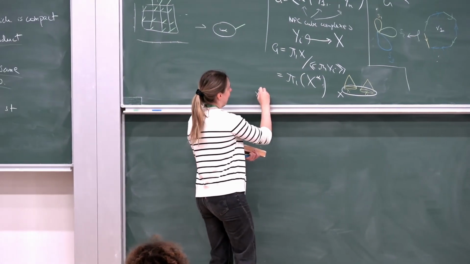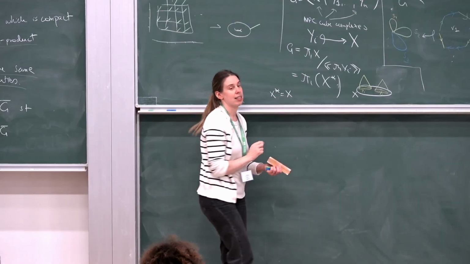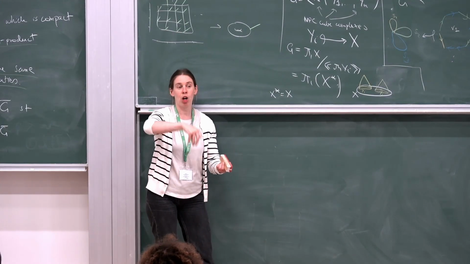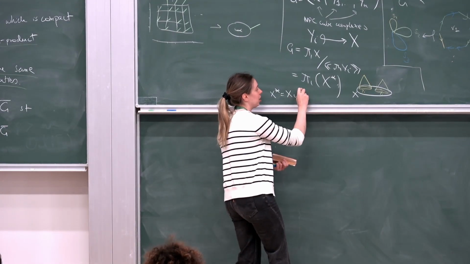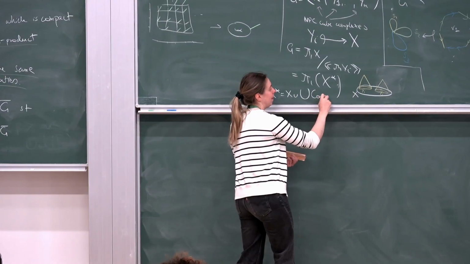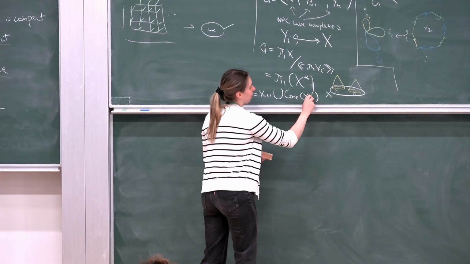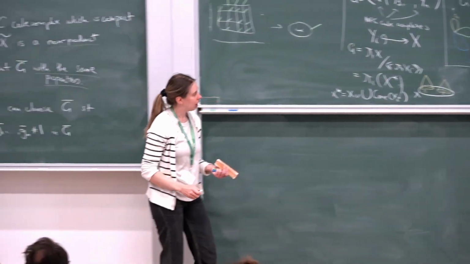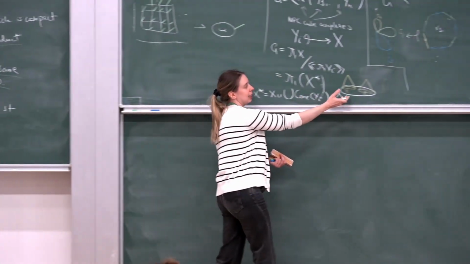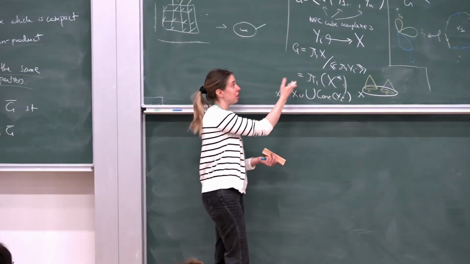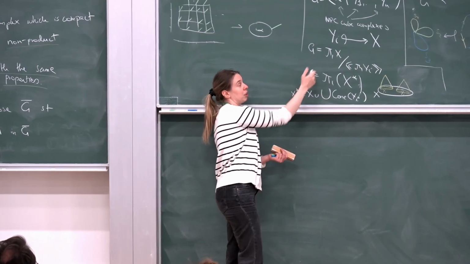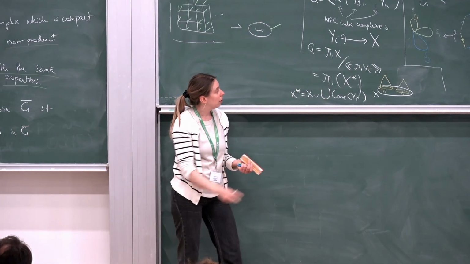So X star is the space obtained from X with cones over the Yi's attached. If we look at its fundamental group, it is exactly this quotient.